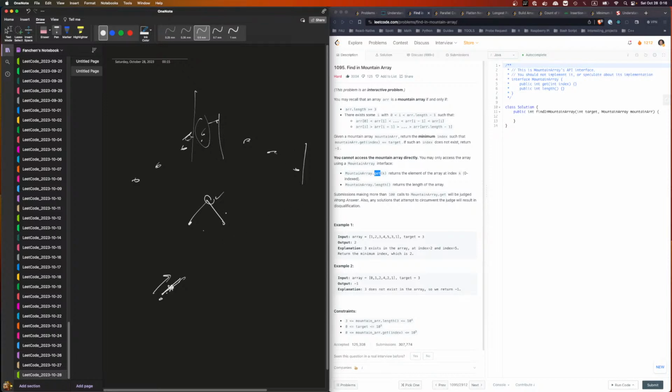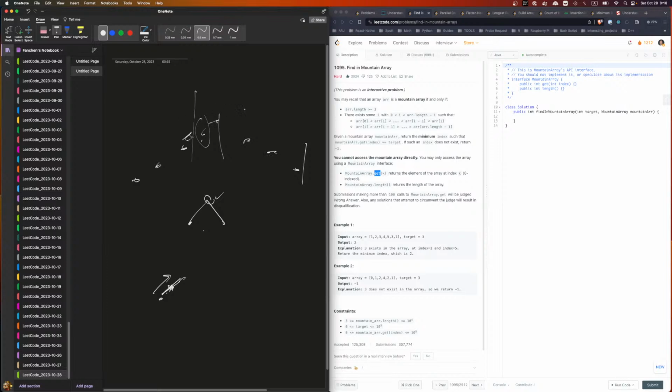Ooh, binary search, you know? I think I'll use the one with left smaller or equal to j, right? So I can do that.